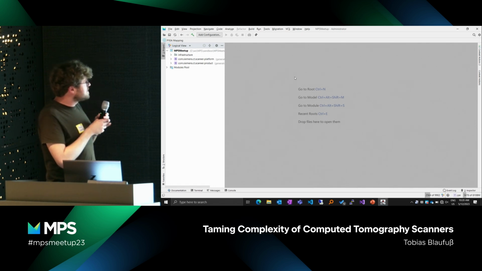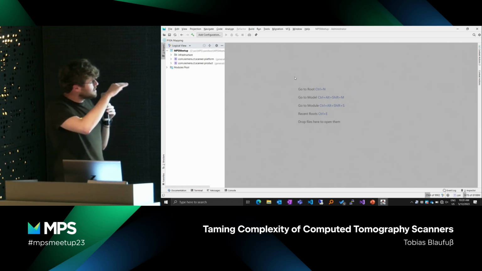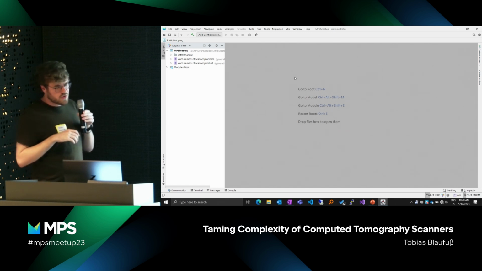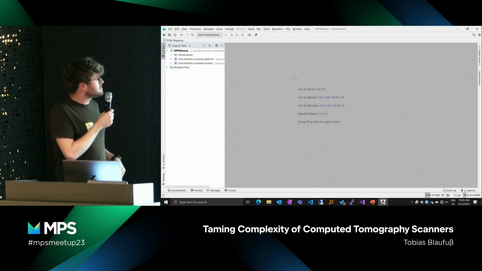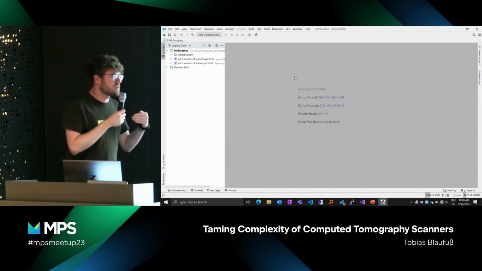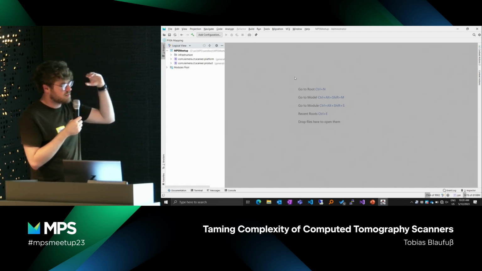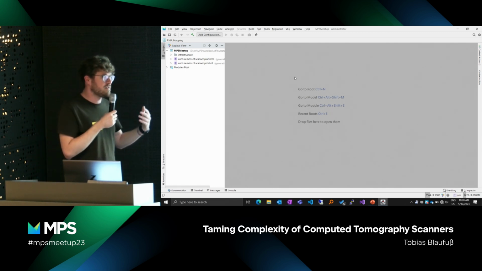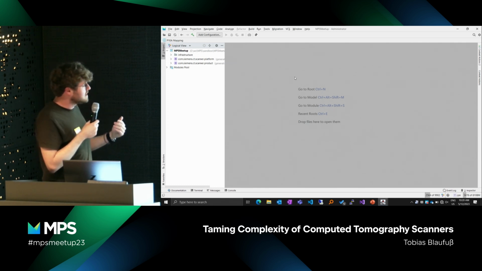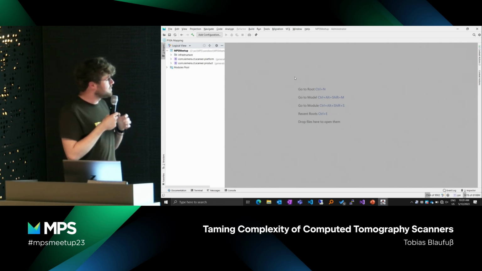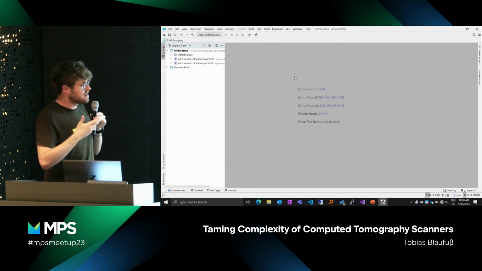So as you can see, we have two solutions, the platform and the product one, because we follow a product line approach where we start with the scanner platform. A platform can have multiple scanner families, and then inside this family, we have the final product.